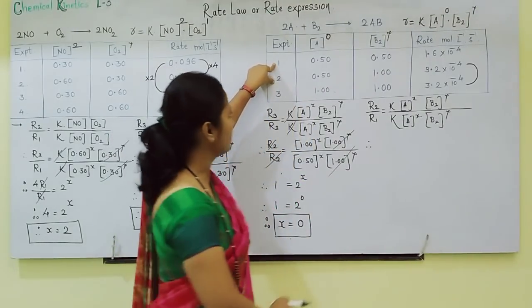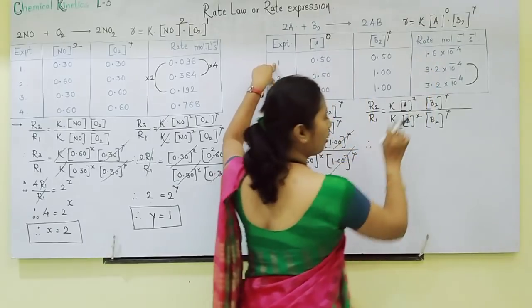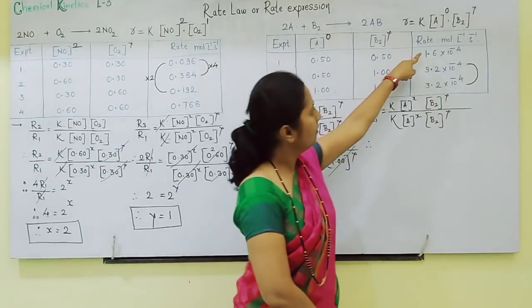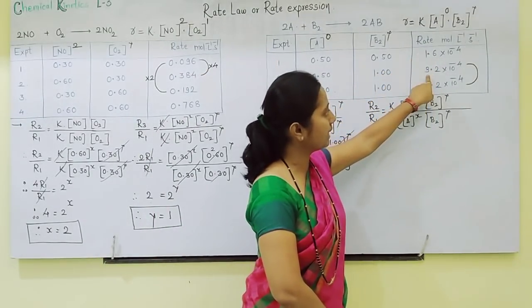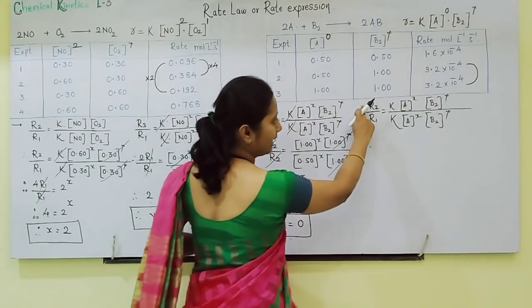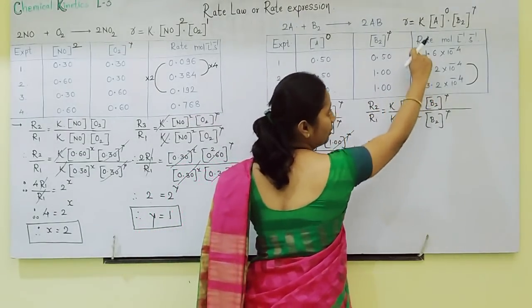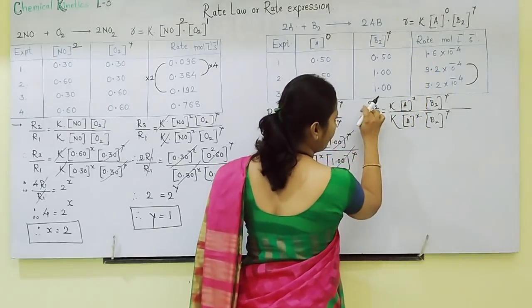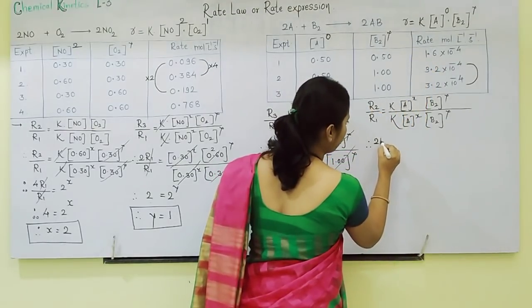Let us compare the rates. First rate is 1.6, second is 3.2. The second rate is double the first. So for R2 I am writing it is 2 times R1.